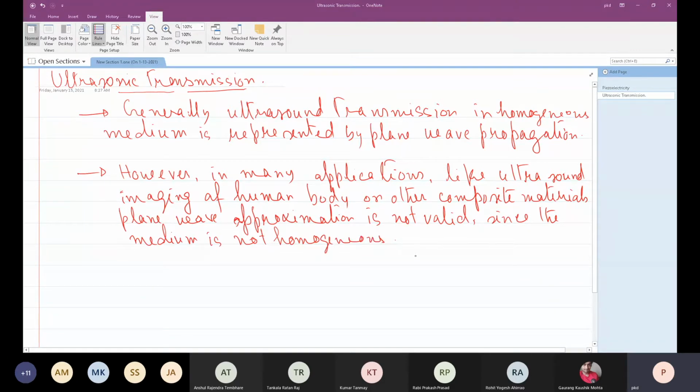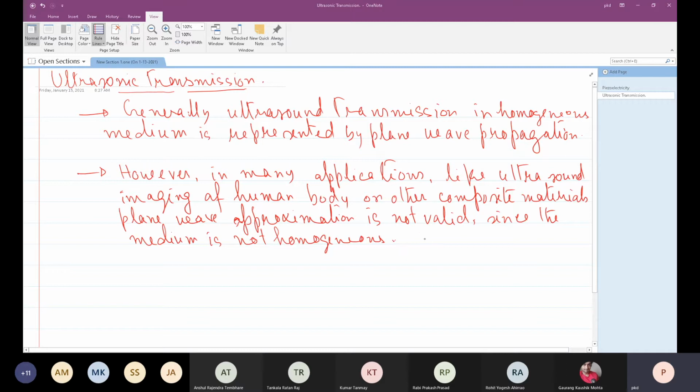So generally, if you look at the human body, there are voids, water, solid, and solid also, the properties of the solid inside also vary too much. So therefore, in such cases, the homogeneous approximation is not valid.